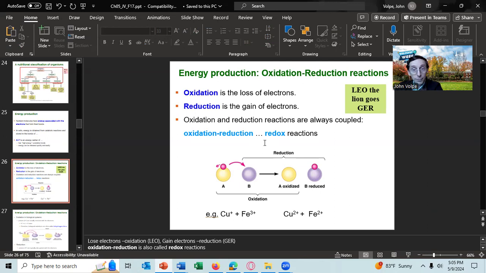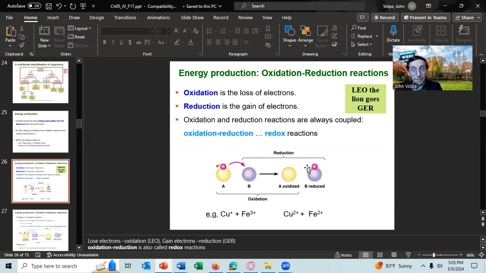In an oxidation reduction reaction, we have two molecules or atoms, A and B. A loses an electron, which is gained by B. A is then said to be oxidized because it lost the electron, and B is said to be reduced because it gains the electron.